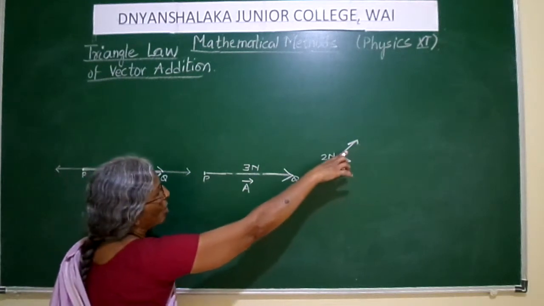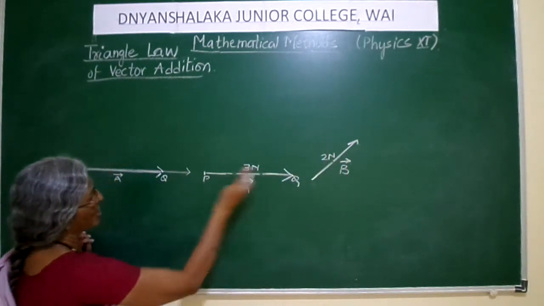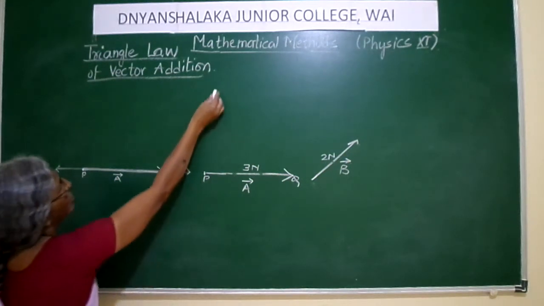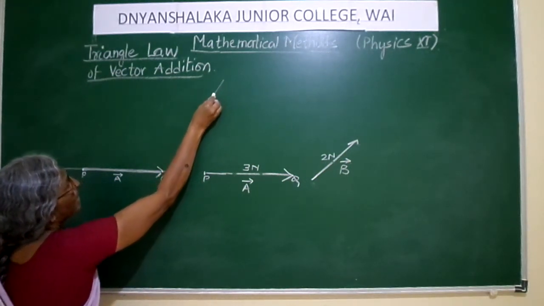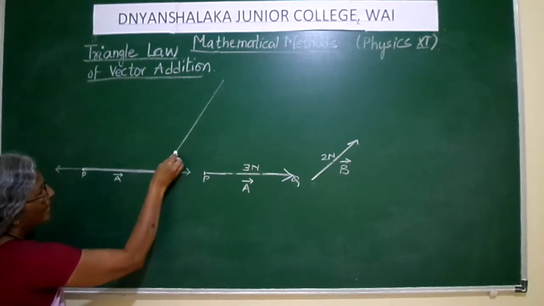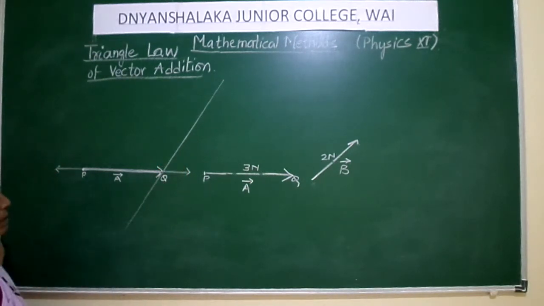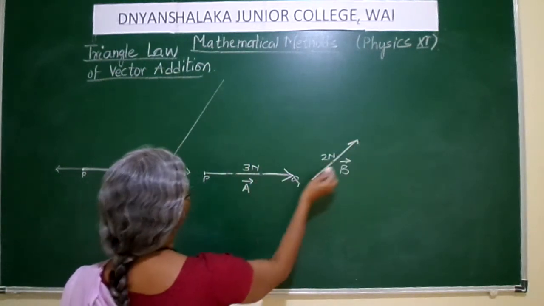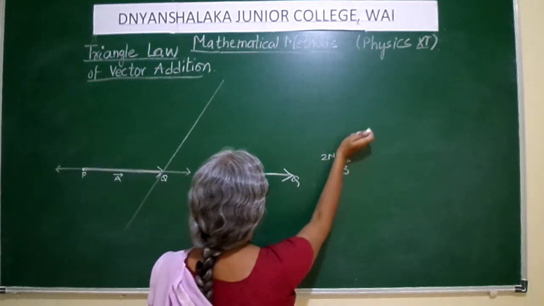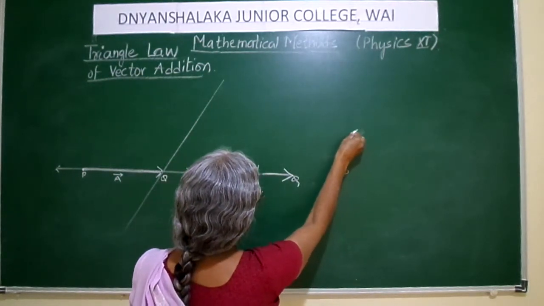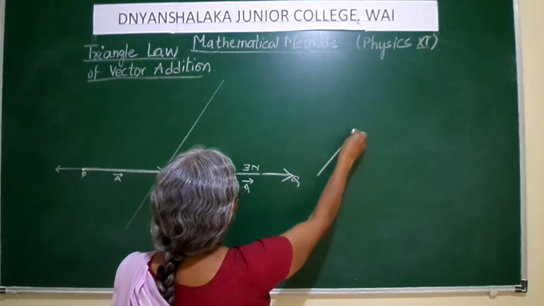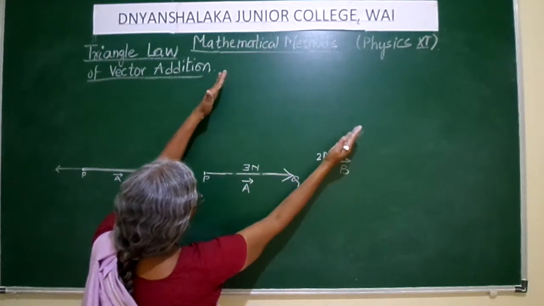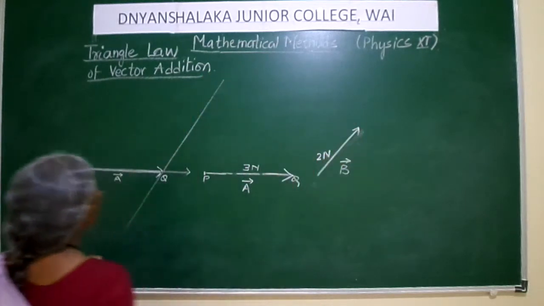I am going to draw a line parallel to this vector, exactly a line which goes parallel to this vector, so that these two are parallel to each other. Say this vector is in this direction; both should be parallel to each other.